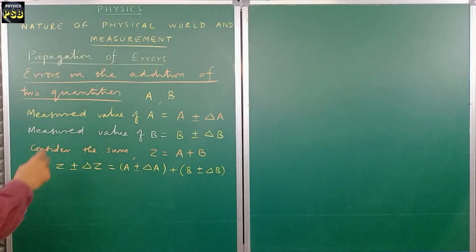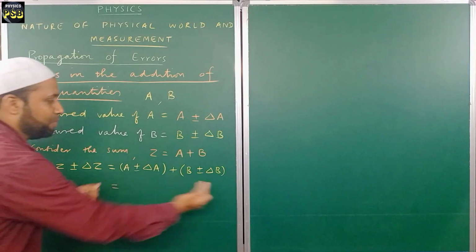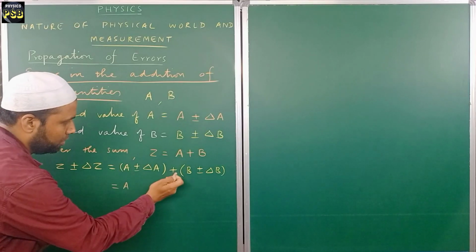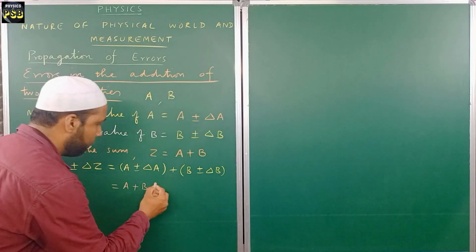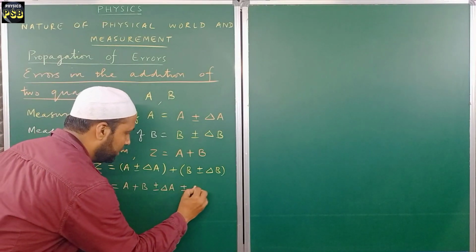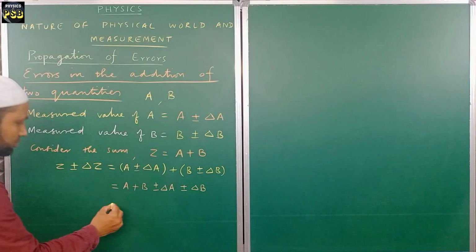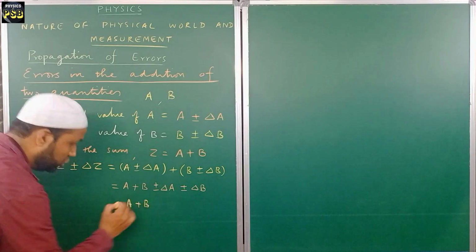Understand? Now the next step. See, I am going to expand this. So write A plus B, then plus or minus delta A plus or minus delta B. And this is what I get. Now look at this carefully. These two are taken as such.